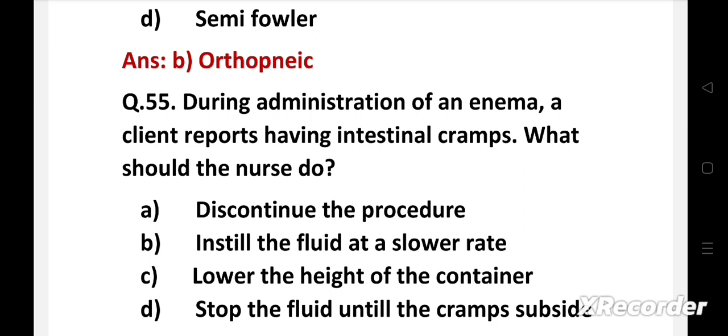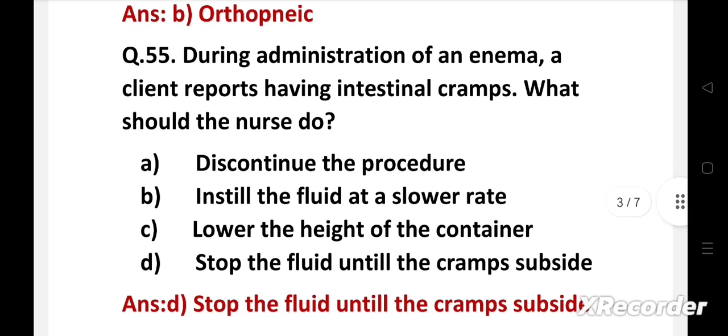C, lower the height of the container. D, stop the fluid until the cramps subside. Right answer is option D. Stop the fluid until the cramps subside.